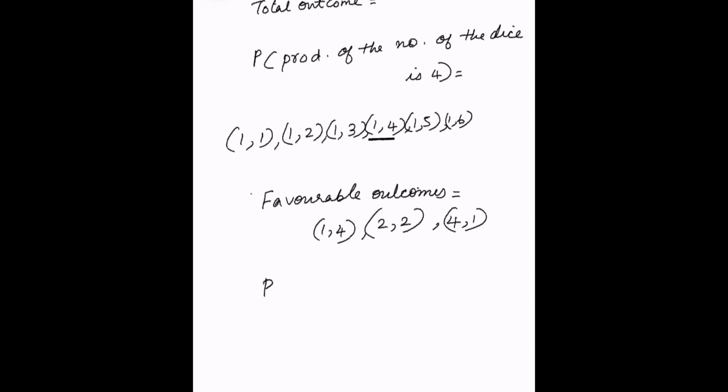Then what will be the probability? Probability, product of the numbers of the dice is 4, is equal to number of favorable outcomes divided by total number of outcomes, which is 1 by 12.